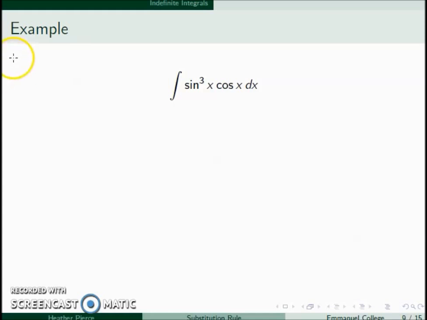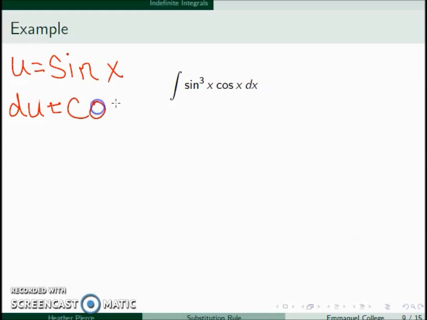Let's try this one. It doesn't really look like we have so much of an inside or outside function here, but let's go ahead and keep to the pattern. So before I was setting u equal to what's in parentheses, but another way to think of that is what's being raised to a power. So in this case, I'm going to let u be equal to sine of x. The derivative of sine is cosine, so du will be equal to cosine x dx.